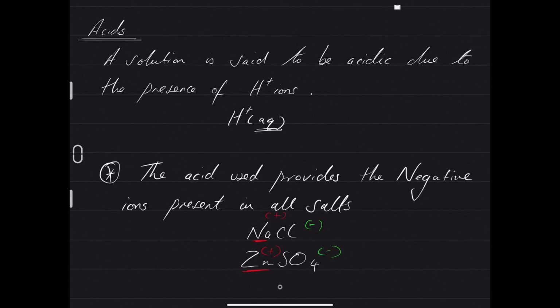So what you're seeing is that the chlorine has come from hydrochloric acid. The sulfate ion has come from sulfuric acid. Now, the hydrogens that were contributed by the acids earlier have been released as hydrogen gas and have been given off. The remainder of the negative ion has combined with the metal to give you the salt.